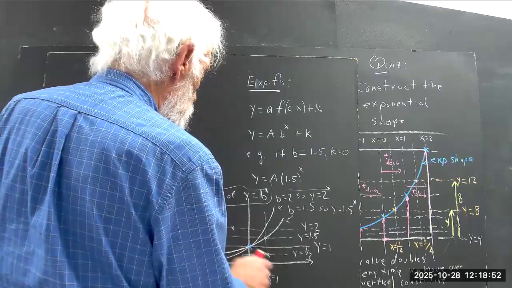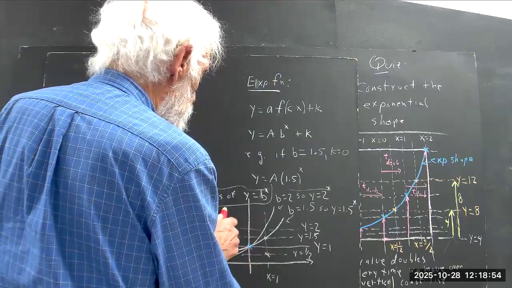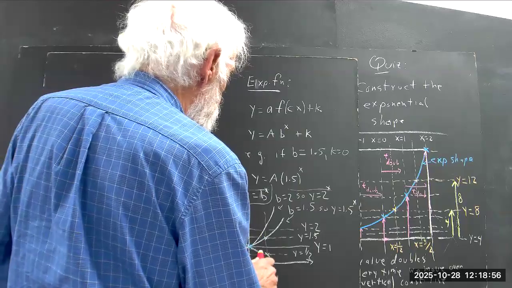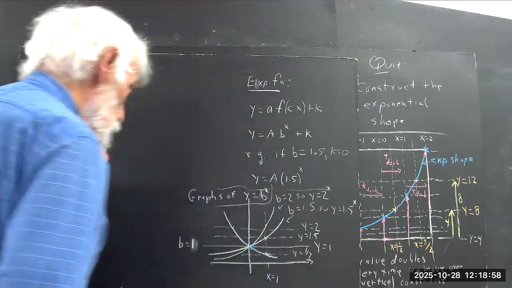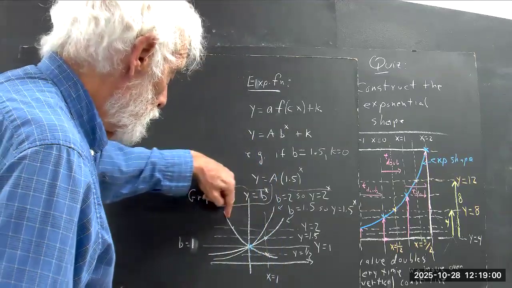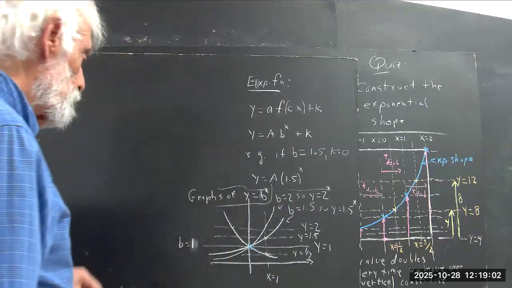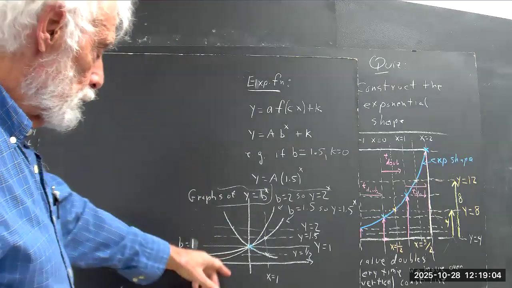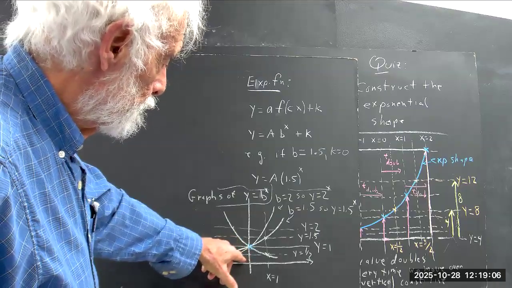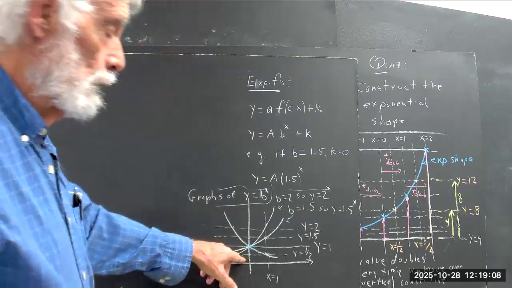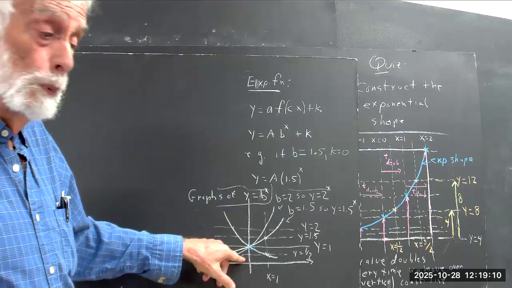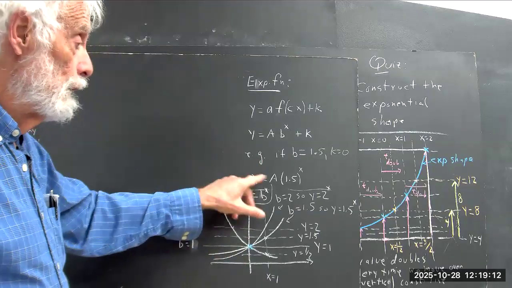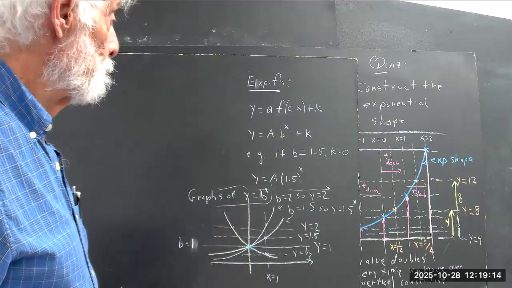So the graph would have to go through these 3 points. It's going to look like this. Now, this graph and this graph are reflections of each other. So you're going to see graphs that look like this with maybe a few more curves, and you want to understand that.